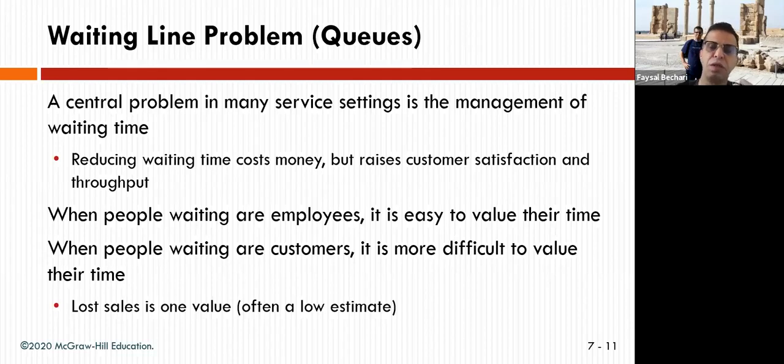If your co-worker is waiting, you value his time and try to provide him the services, but if the person waiting is your customer, people have a tendency not to value their time, and this is what makes you lose sales. So providing services to the customer is more important than to employees, because you don't want to lose sales. So that's the issue there.